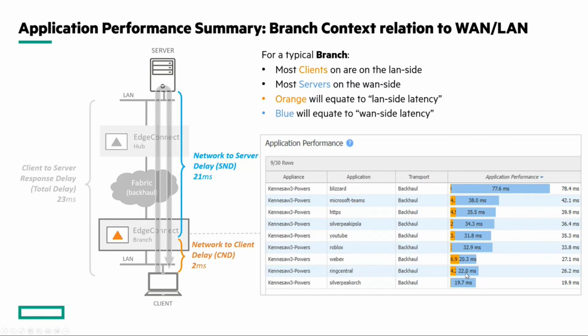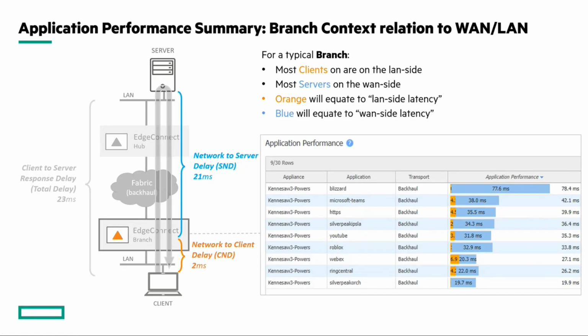For a branch office, you will typically see a lot of blue because most clients, which are orange, are on the LAN side. Most servers, which are blue, are on the WAN side for a branch. And so in this case, orange will roughly equate to LAN side latency. Blue will equate to WAN side latency. And you can see that here. There's small amounts of orange with mostly blue as the dominant portion of the latency.